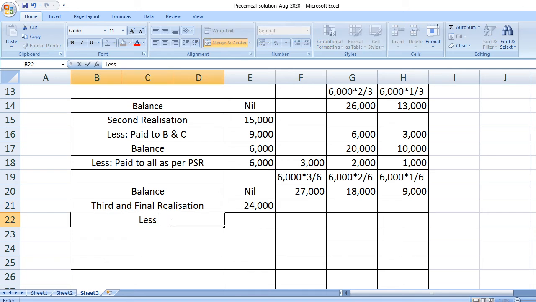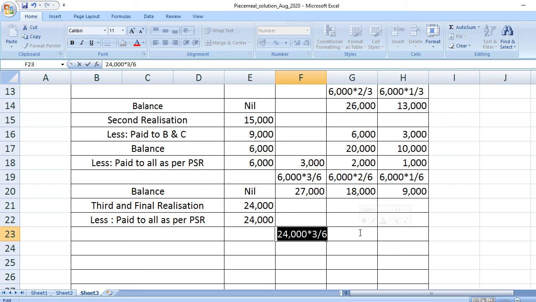So less paid to all as per profit sharing ratio. The full amount we have to pay as per their profit sharing ratio. Now how will we find out this particular value? 24,000 into 3, the profit sharing ratio, divided by 6.